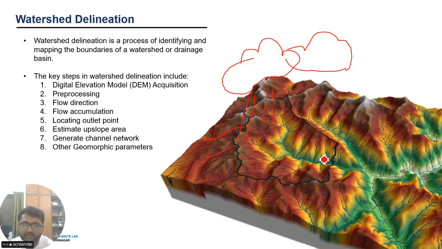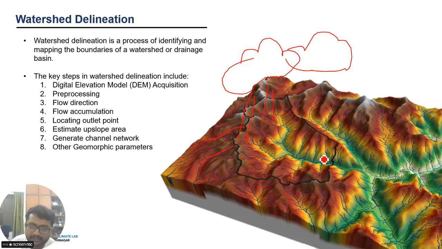Then we divide it by 365 because we have annual data. So we get the average volume, and when we decide the reservoir, we keep its capacity according to that.